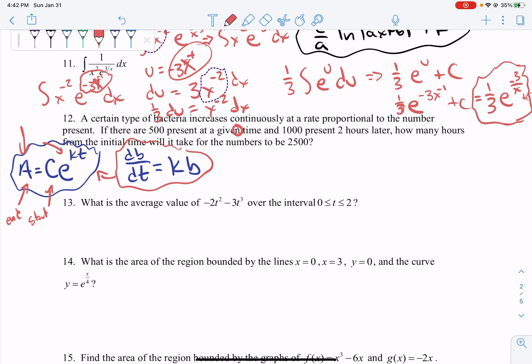So we're going to use what information we do know. I do know that I'm starting with 500, and I know that 2 hours later, I end up with 1,000. So I can put 1,000 on the left, my ending amount. I'm starting with 500, times e to some k value, and that's 2 hours later, so we're going to put 2 in for time.